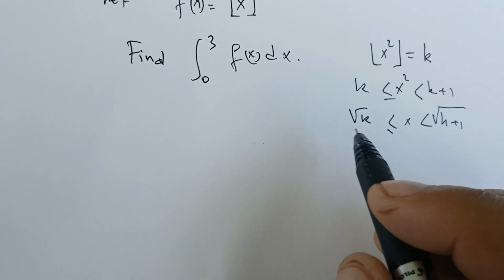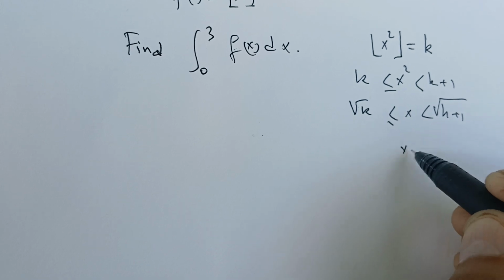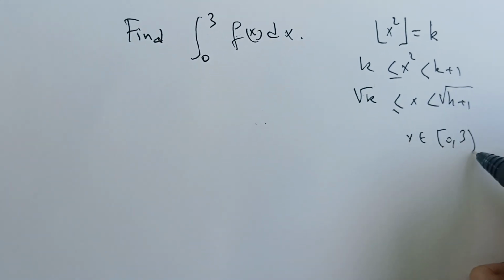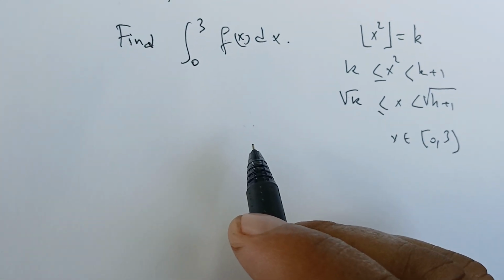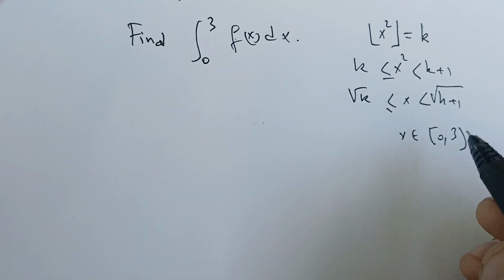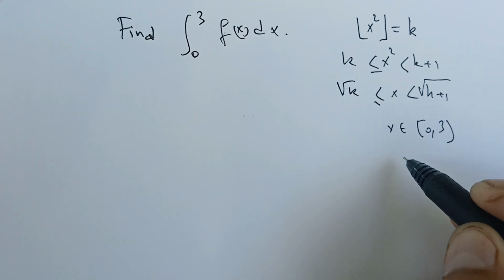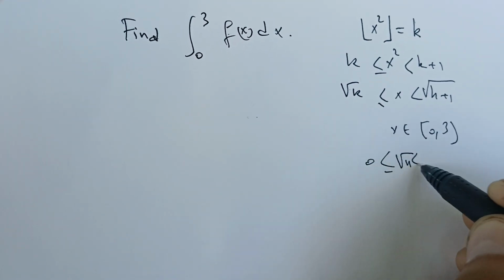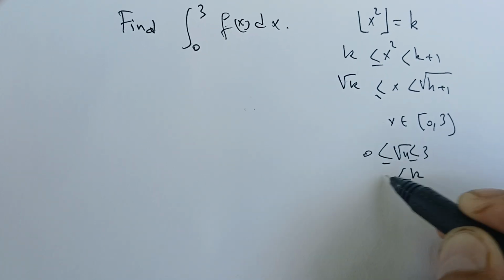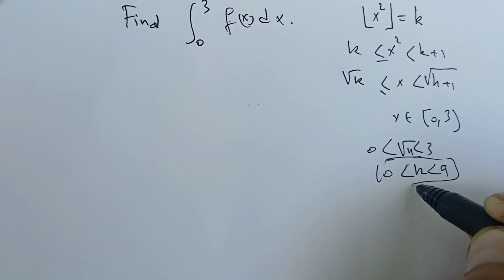In our case, x is in this interval, [0, 3]. And hence, the square root of k is going to be between 0 and 3, and therefore k is going to be between 0 and 9.